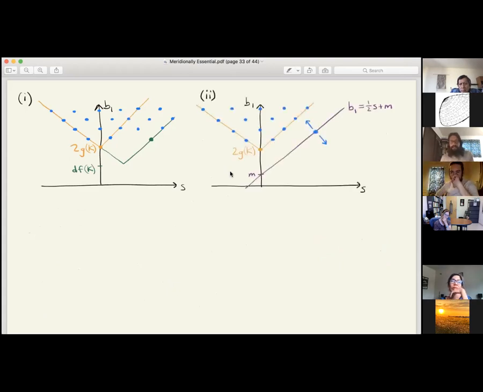And in the second case, the ones that are close to being positive, M is measuring how close we are to being positive. If that is less than twice the genus, then there's this line at slope a half. I mean slope in the sense of the slope of the line, not the slope of the surfaces. So you take your M almost positive diagram, you look at the two checkerboard surfaces.